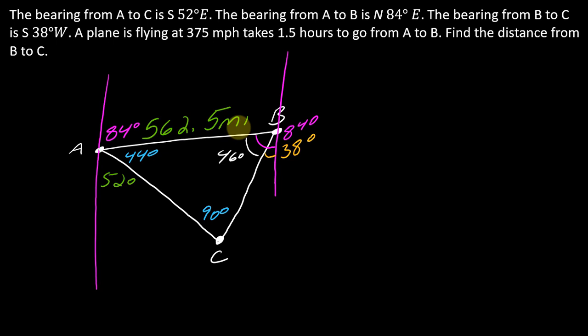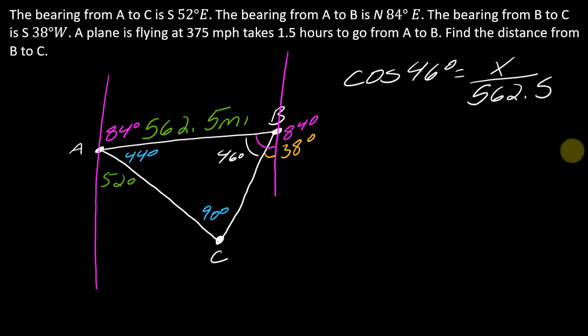And now what was it that I needed to do? I need to find the distance from B to C. So B to C is here. Okay. So now you just want to pay attention to what you have actually labeled in this case. This side is the hypotenuse, right? Because this is 90, so the side opposite will be the hypotenuse. I know this degree, and this is the side I want to get to, right? B to C. So once again, we're going to use cosine in this case. So I've got cosine of 46 degrees equals x over 562.5.